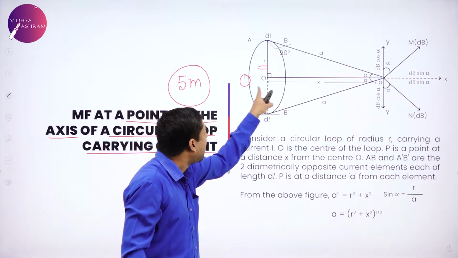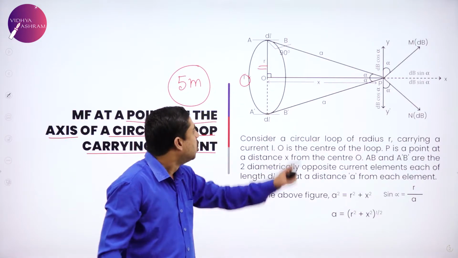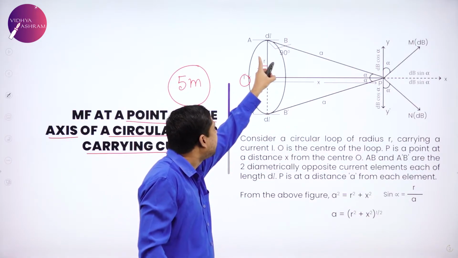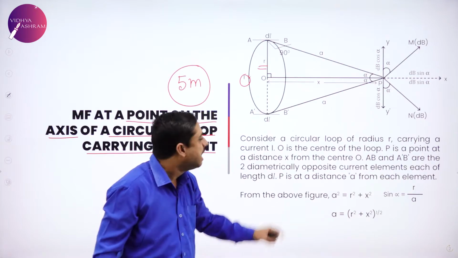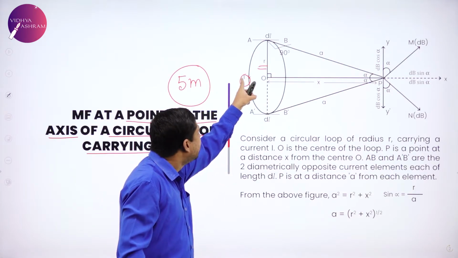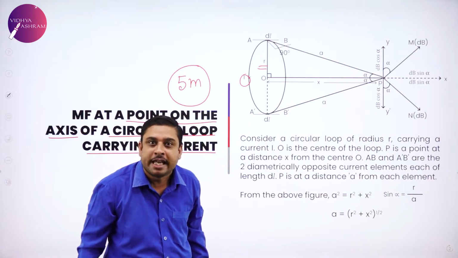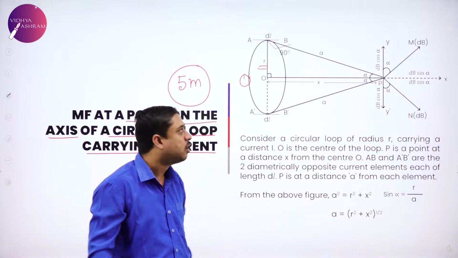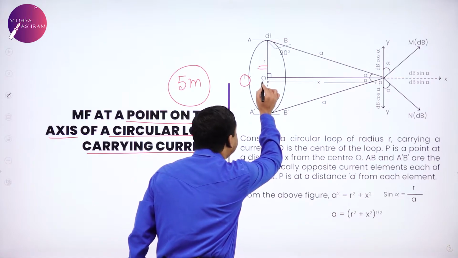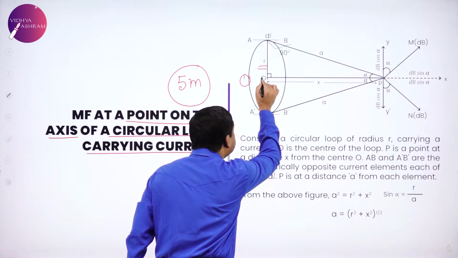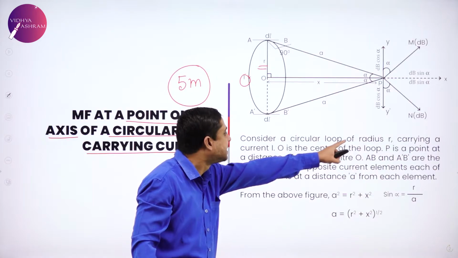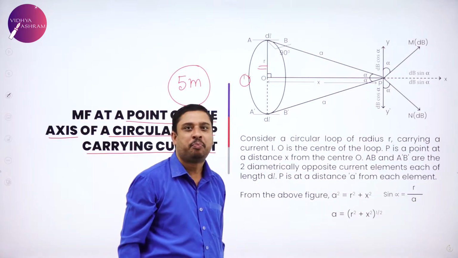A circular loop whose radius is r and I is the current which is flowing through that loop. O is the center of this circular loop.